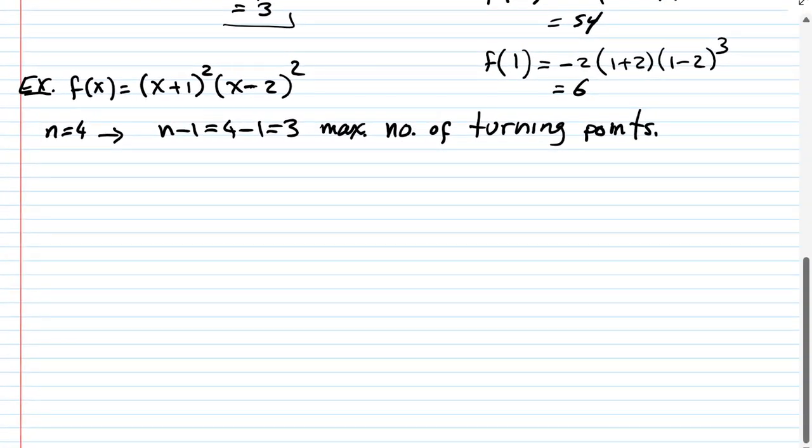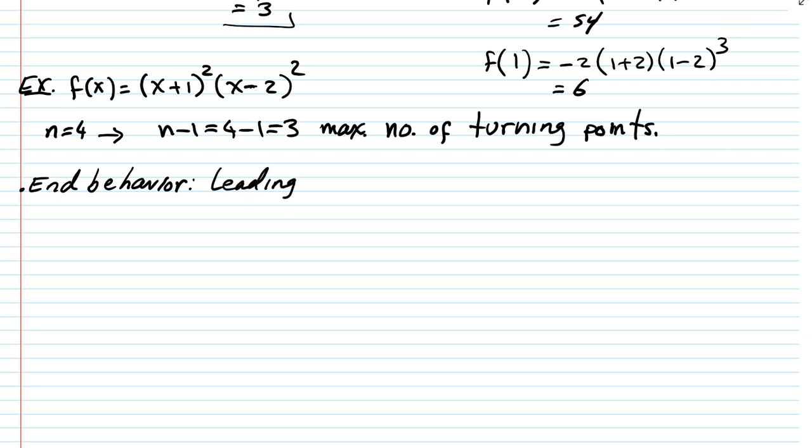Now the end behavior, right? That's very important, folks. The end behavior is extremely important. For end behavior, the leading term. We need to know the leading term, what it is. Our leading term is going to be, because there's no number in front, so a is 1.